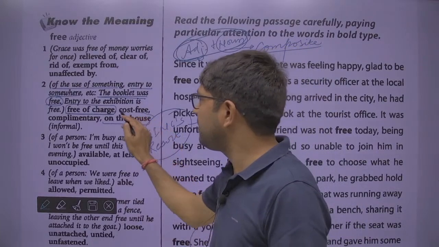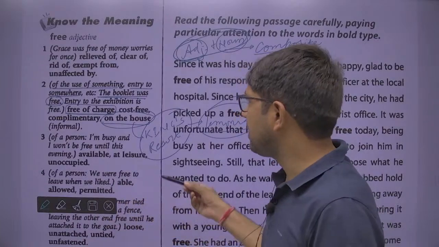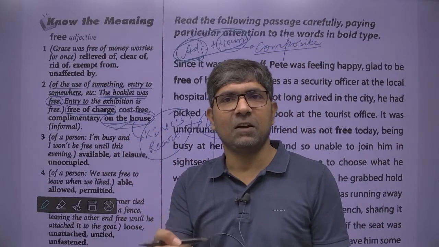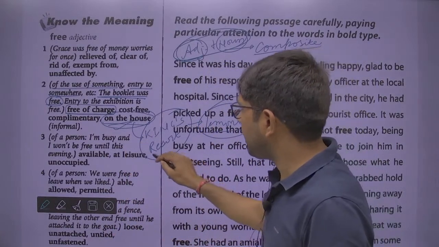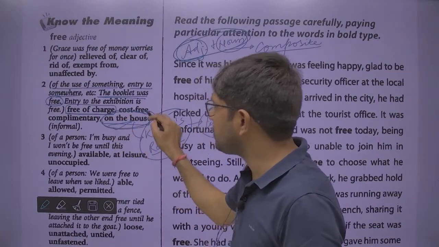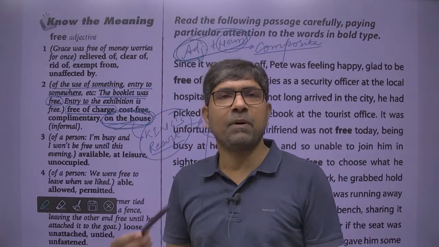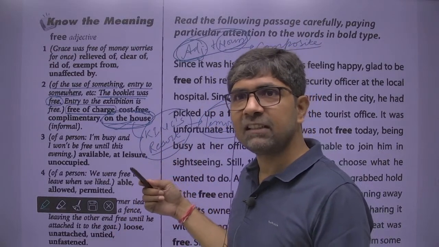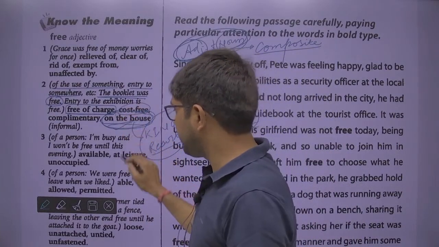The house will bear the cost. So it was on the house means who paid it? Not the customer, but the business organization paid for it. So if it is on the house, it means it is complimentary for you, but it is afforded by the organization or the house. So it is cost free. So I hope you understand what is on the house.